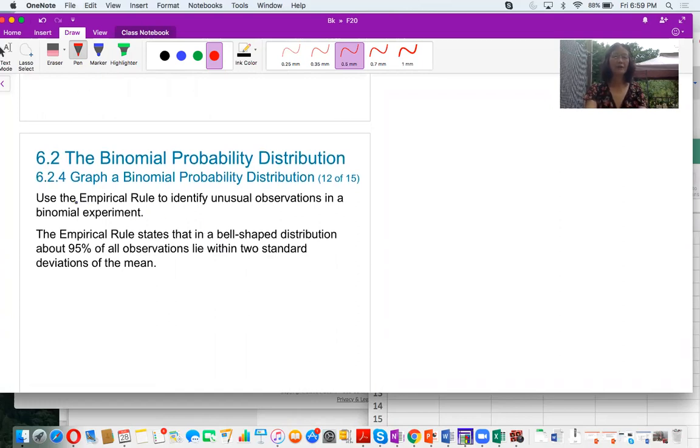So next, we are going to use the empirical rule to identify unusual observations in a binomial experiment. Remember, the empirical rule says that in a bell-shaped distribution, 95% of all observations are within 2 standard deviations of the mean.